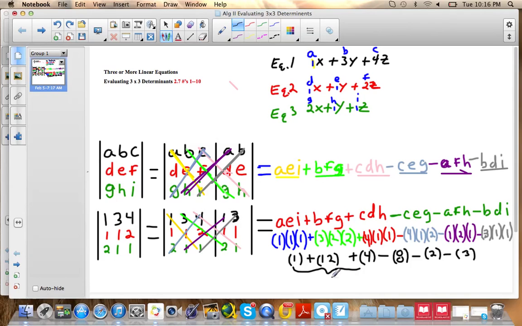So I have 17 minus 8 minus 2 is 10, minus 3 is 13, right? So then all of this equals 4.